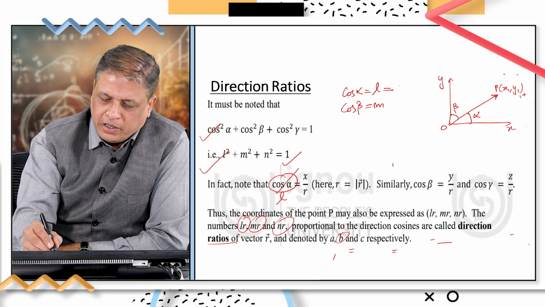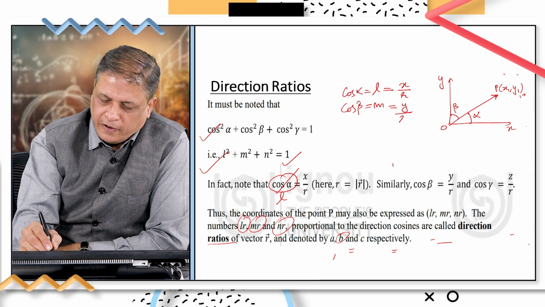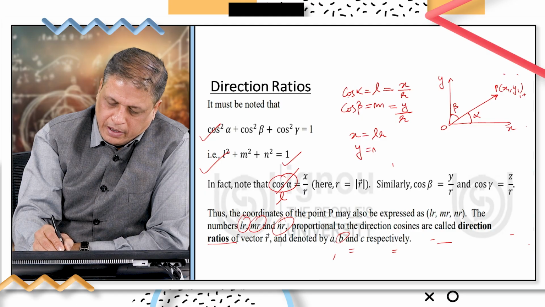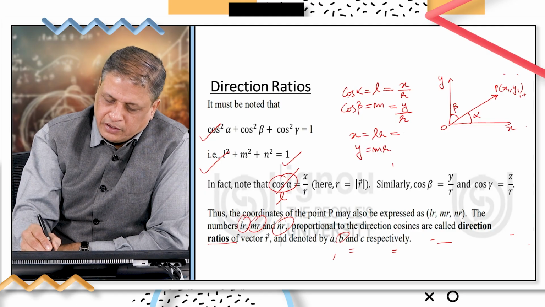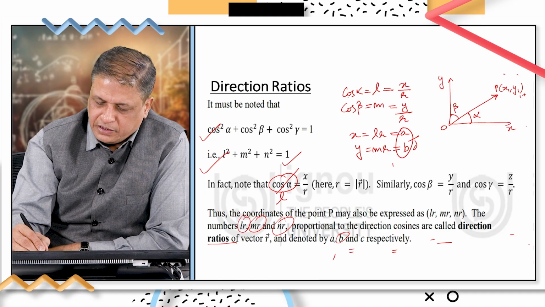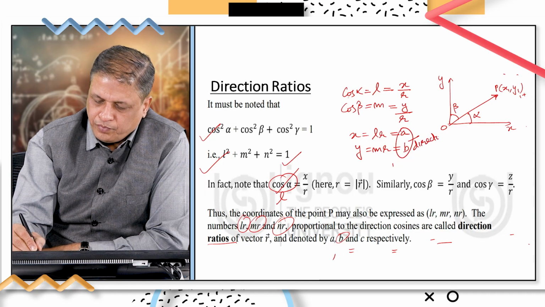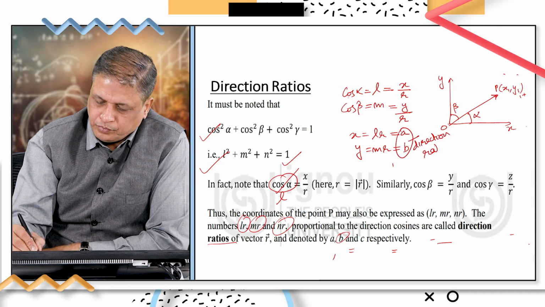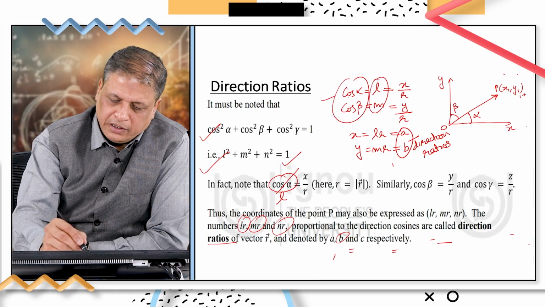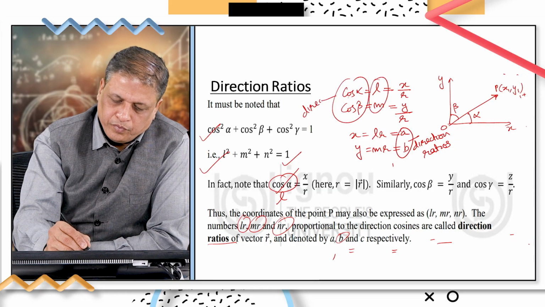And this is nothing but x by r, and this is nothing but y by r. So, that means x is equal to LR and y is equal to MR, and they are represented by A and B. A and B are the direction ratios, and alpha, beta or L and M, they are the direction cosines.